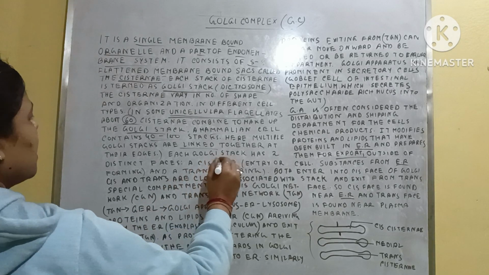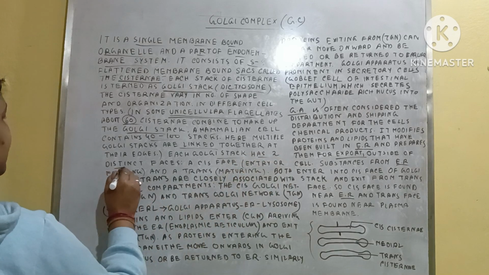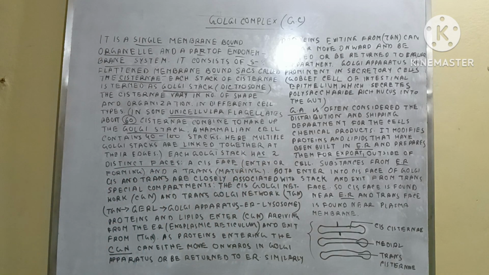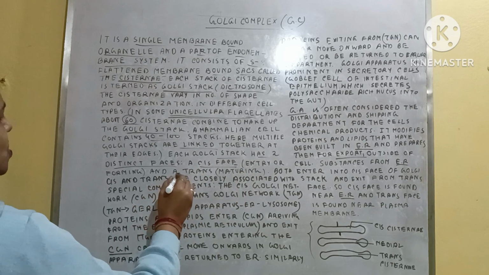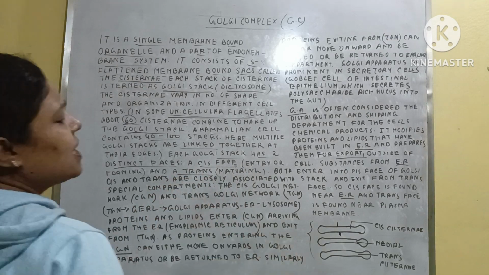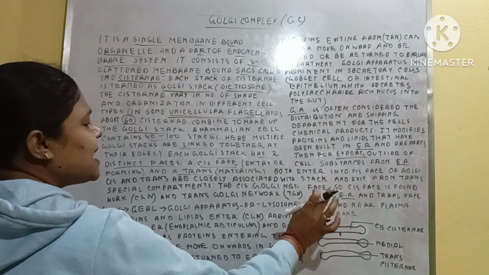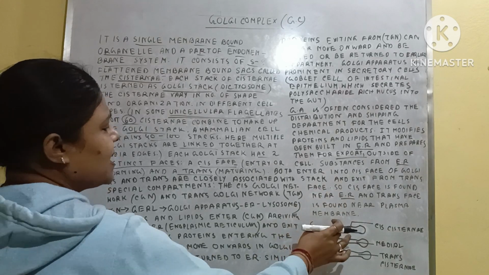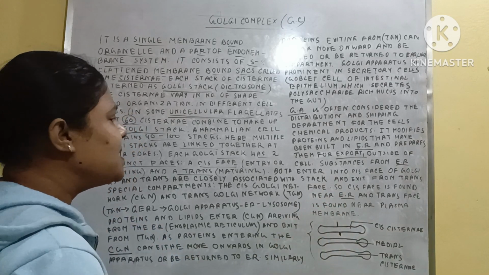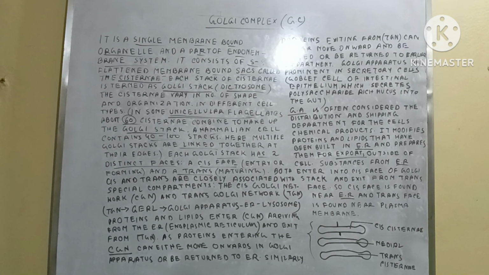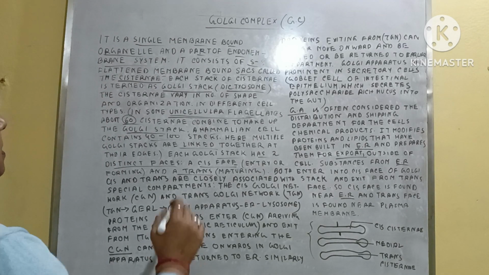Each Golgi stack has two distinct phases, a cis phase and a trans phase. If you consider this one stack, one side is the cis region and the other side is the trans region. And what is the cis region?